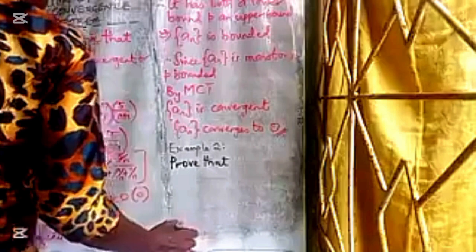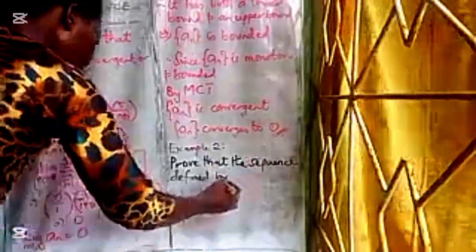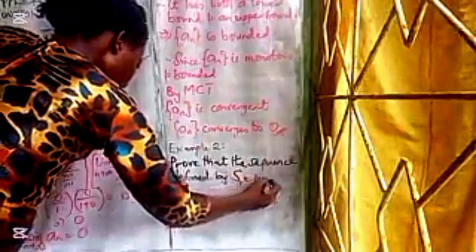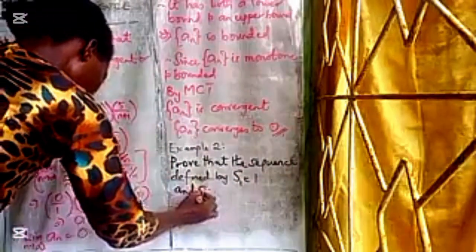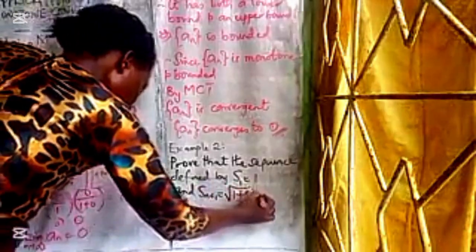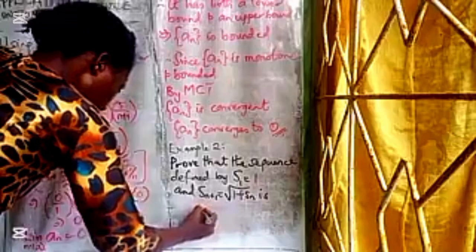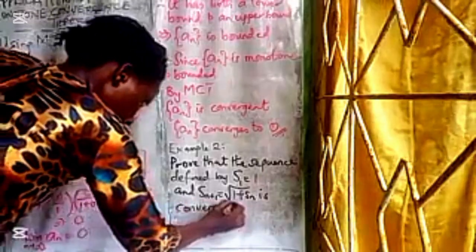Example 2: prove that the sequence defined by S1 equals 1 and S sub n plus 1 equals the square root of 1 plus S sub n is convergent.